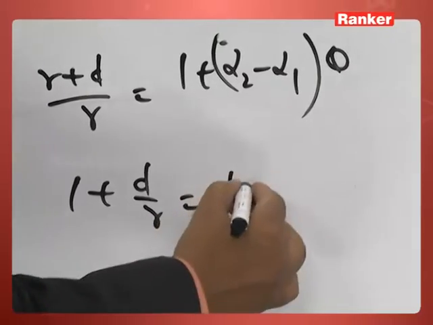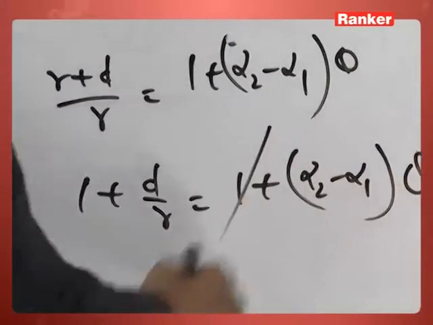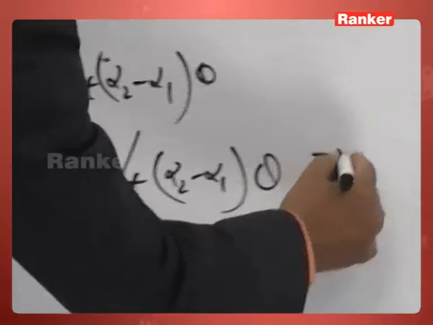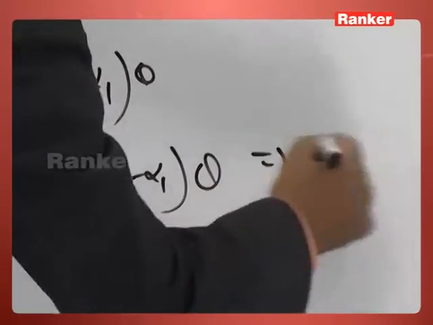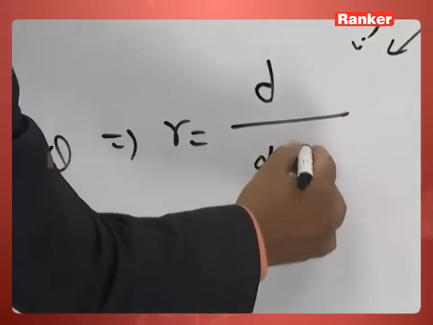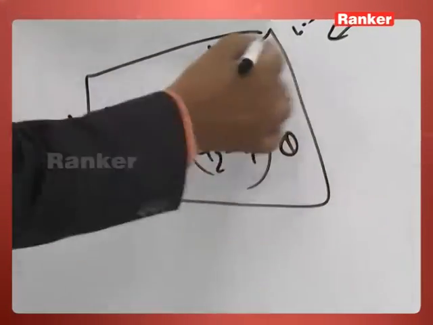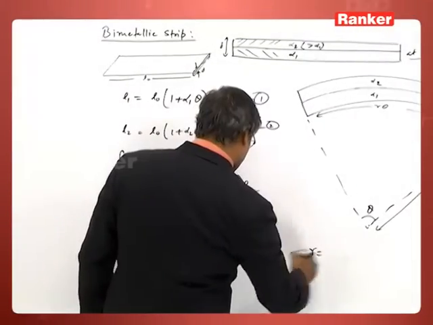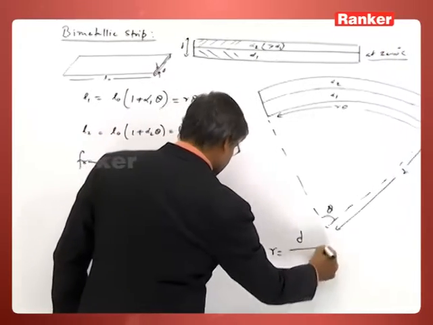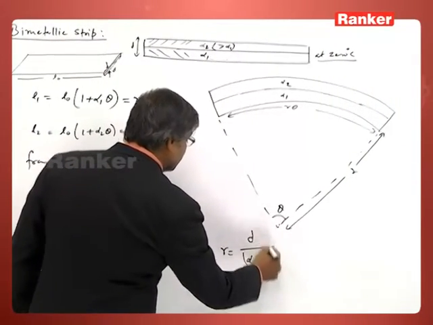So, 1 plus d by r is equal to 1 plus alpha 2 minus alpha 1 times theta. The 1 cancels, which implies r is equal to d by alpha 2 minus alpha 1 times theta.